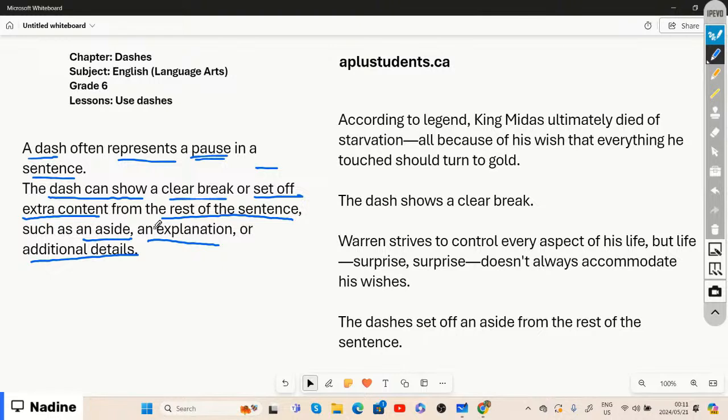The only time we mainly see dashes is when we are reading books or stories or an article. But at least now you know that it represents a pause in a sentence and that it can show a clear break from the rest of the sentence, or set off extra content, words that we are saying on the side, an extra explanation or additional information about whatever we're discussing within that sentence.